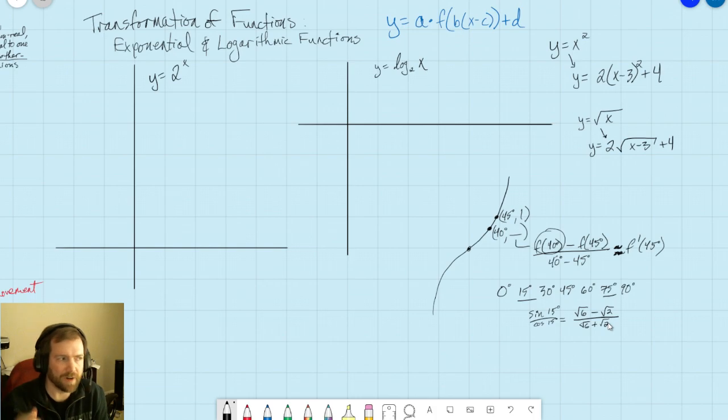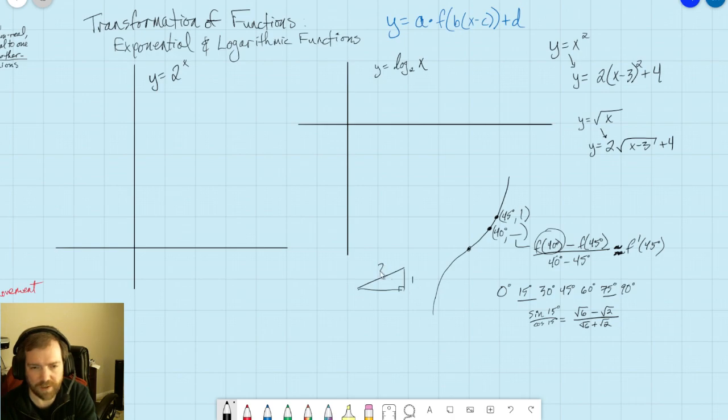The sum and difference formulas get me these values. Technically it's over 4 for each of them, but since it's a ratio, it just divides out. In terms of 30 degrees, I just make a 30-60-90 triangle and say the sides are 1, 2, and root 3, and the tangent of 30 degrees is going to be 1 over root 3.